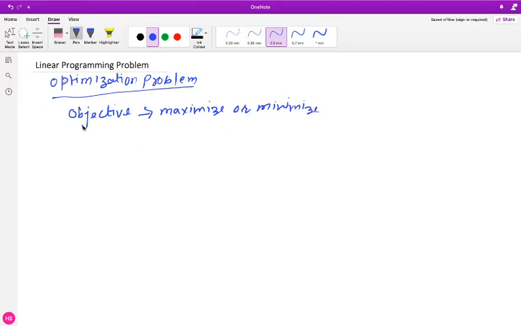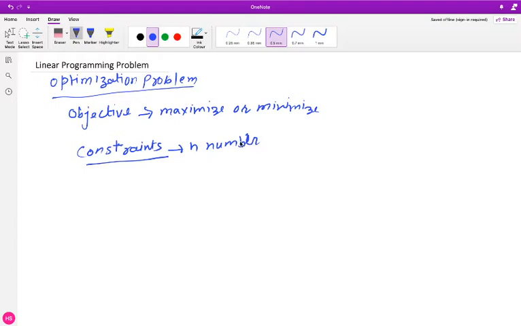And the second part of optimization problem is constraints. A constraint could be one constraint or it could be n number of constraints. So these are the limitations.